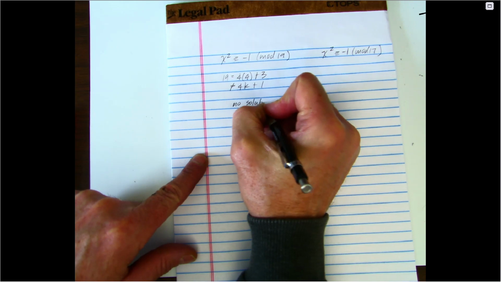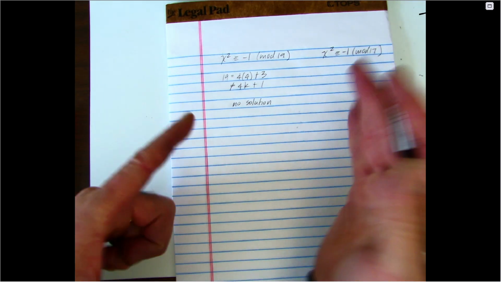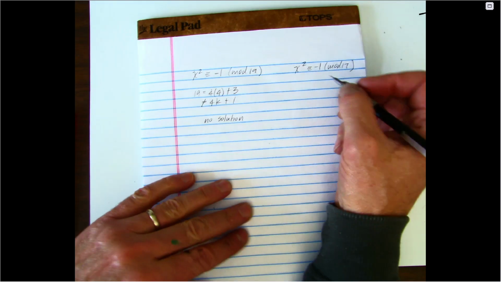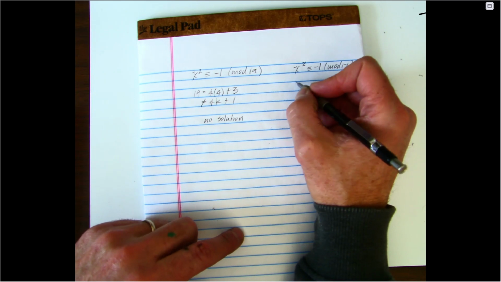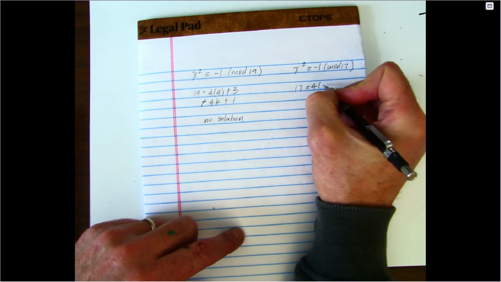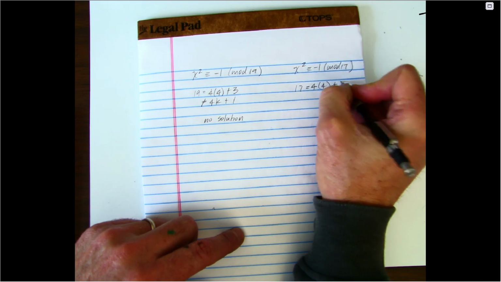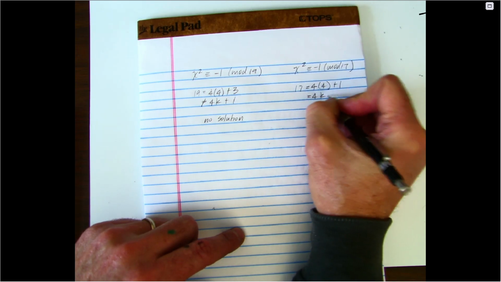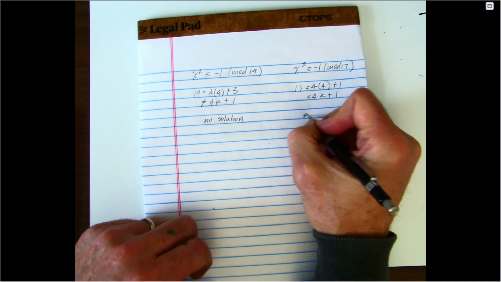I hope that makes sense, right? We know that this number right here has to be of the form 4k plus 1. Let's check: 17 is going to be 4 times 4 plus 1, which is a 4k plus 1, so solutions exist.